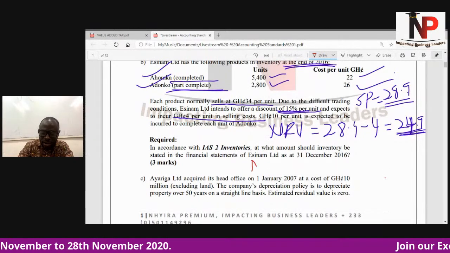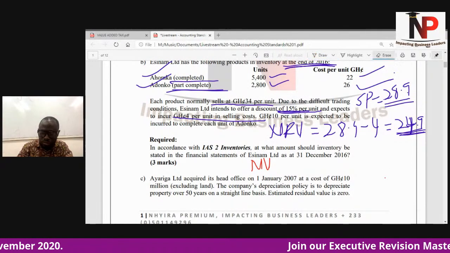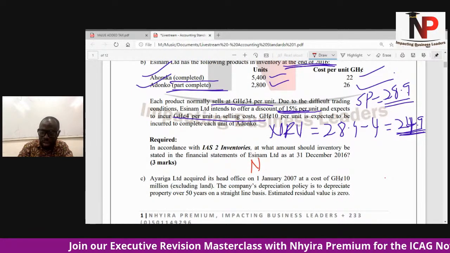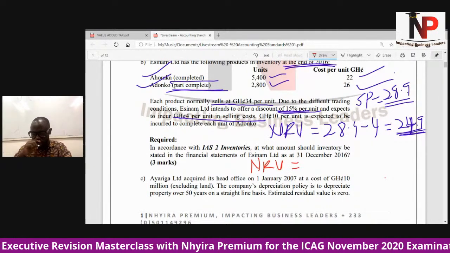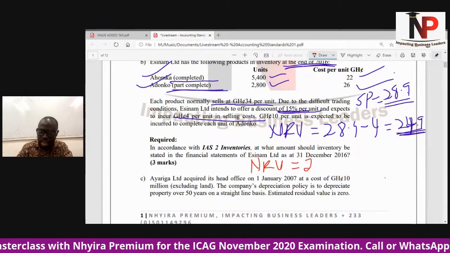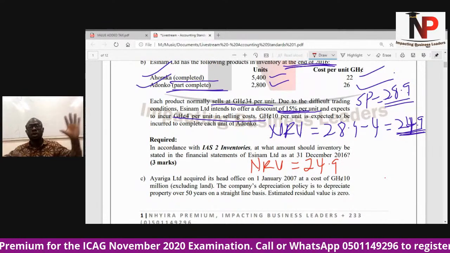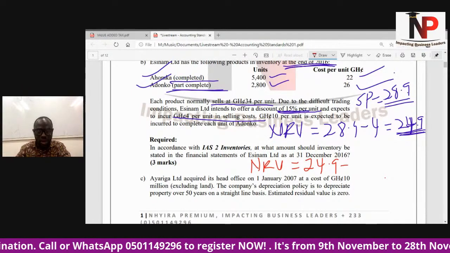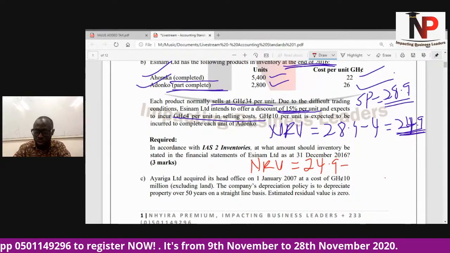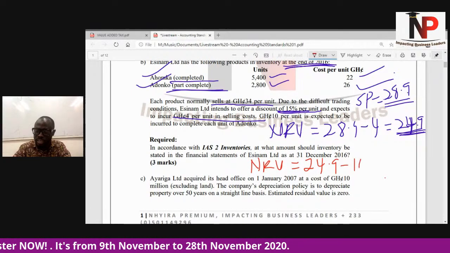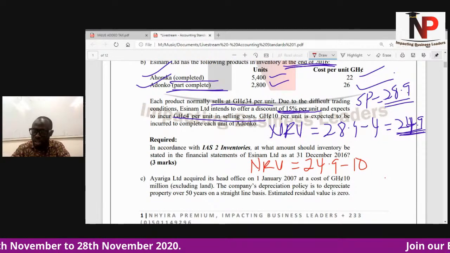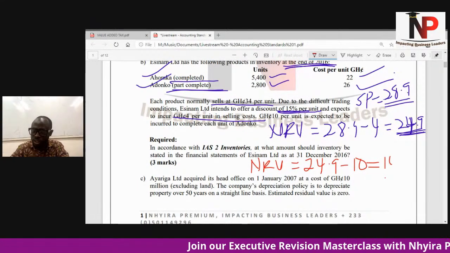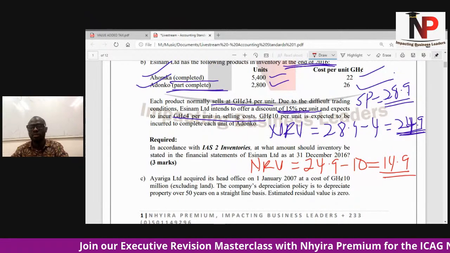The net realizable value for Adonko is going to be our 24.9, which is what everybody would have gone for, minus the cost to complete, 10. So the net realizable value per unit for Adonko is going to be 14.9 Ghana cedis.